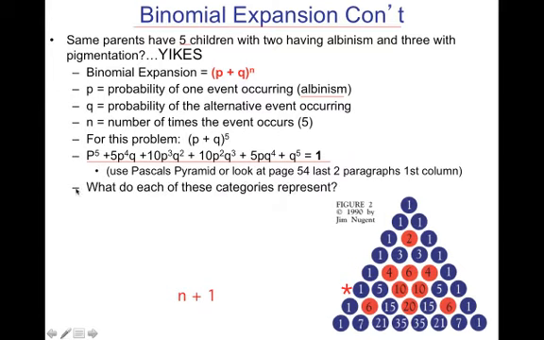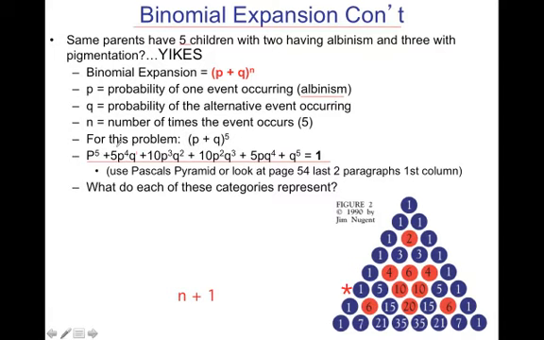But what these mean is that this first one, p5, means the probability of having 5 children all with albinism. The next one is p4q, the probability that 4 children will have albinism and 1 child won't, because remember, even though it's not stated here, there is a 1 here.